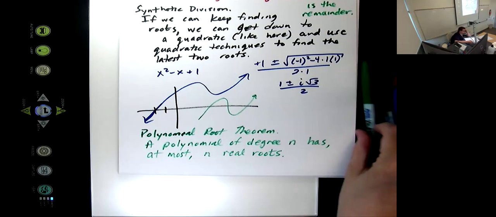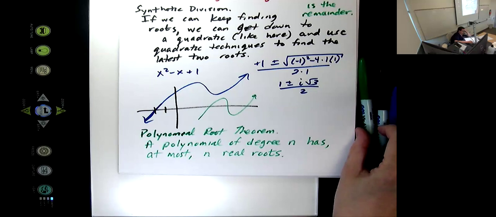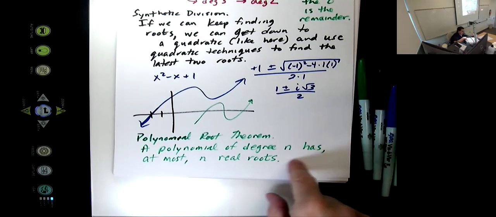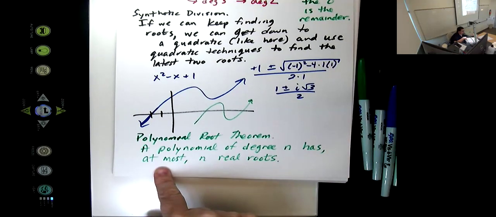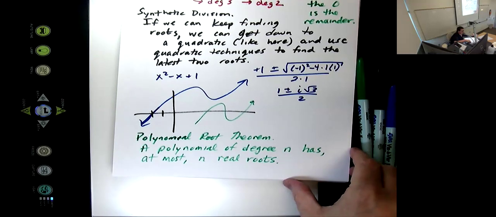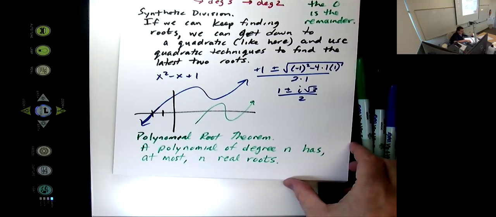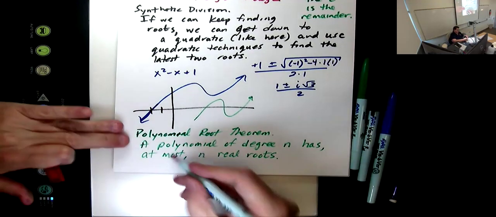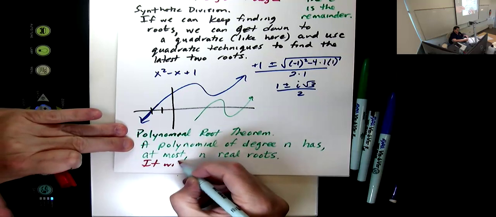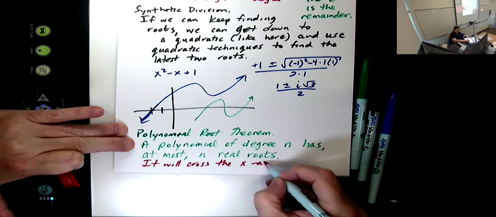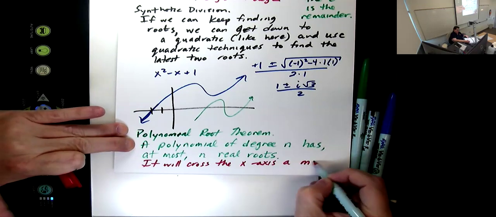Well, what about in this case, where our original problem was a 3rd degree, but it was only crossed once? That's why it says at most. It will cross the x-axis a maximum of n times. That might be an easier way of saying it.